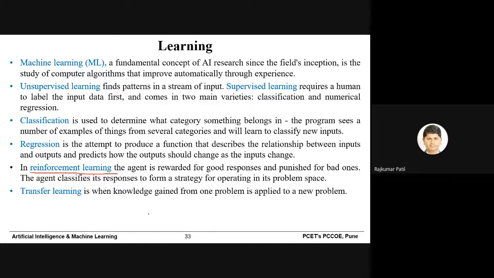Again, transfer learning is when knowledge gained from one problem is applied to a new problem. Okay, so when one situation is there, one knowledge base is created, and when a similar situation comes in the case of a new problem, then that knowledge is transferred there and the problem can be solved.